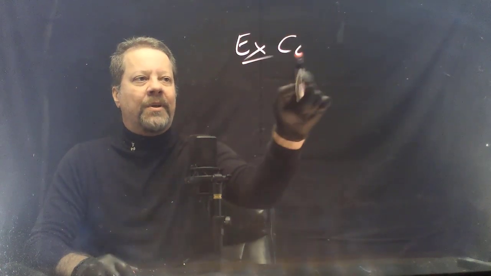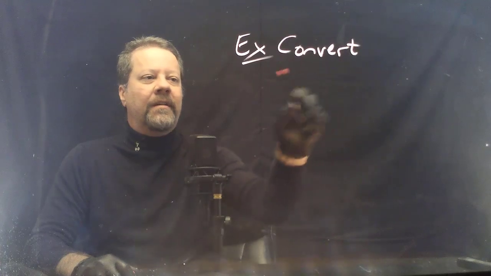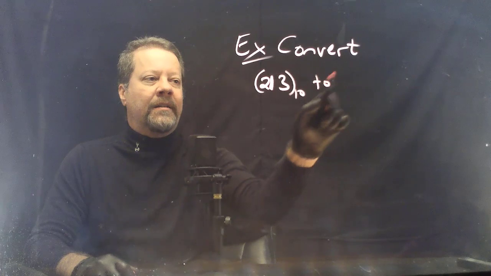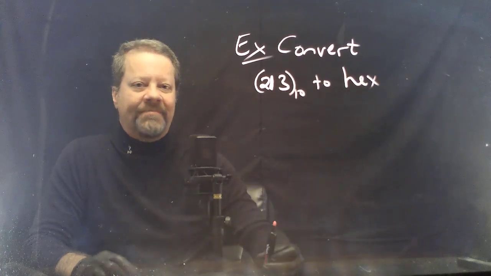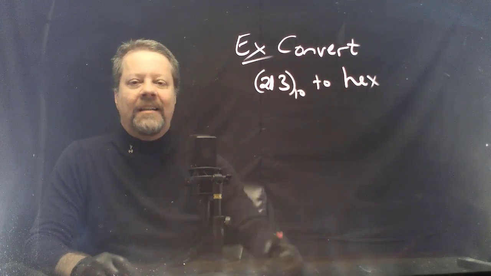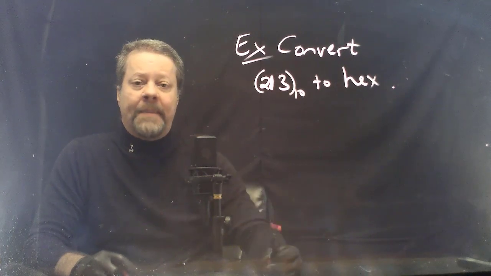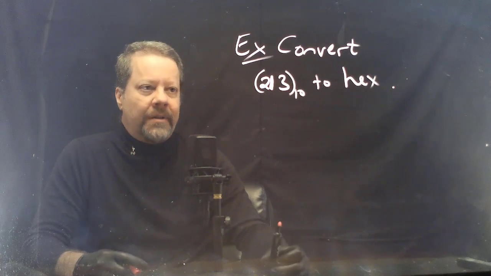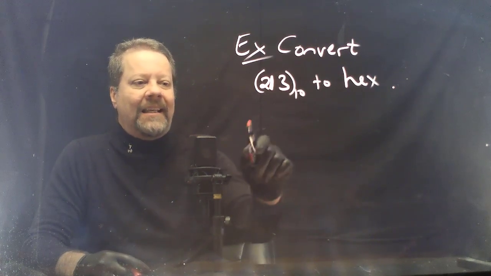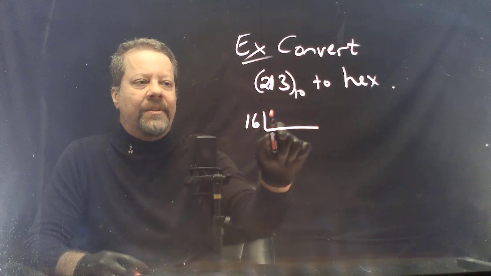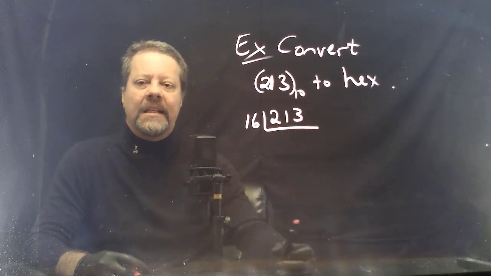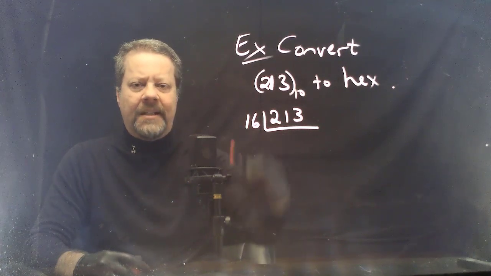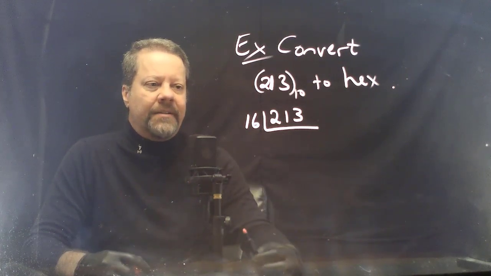As an example, suppose we want to convert the number 213 in base 10 to hexadecimal, affectionately referred to simply as hex. This is base 16. So the first thing we need to do is divide 213 by 16. How many times does 16 go into 213? We know it goes in at least 10 times, because 10 times 16 would be 160.